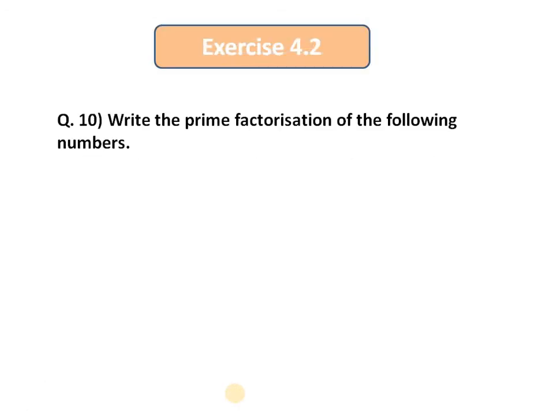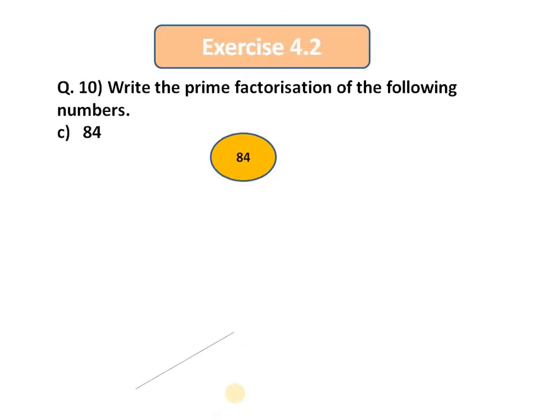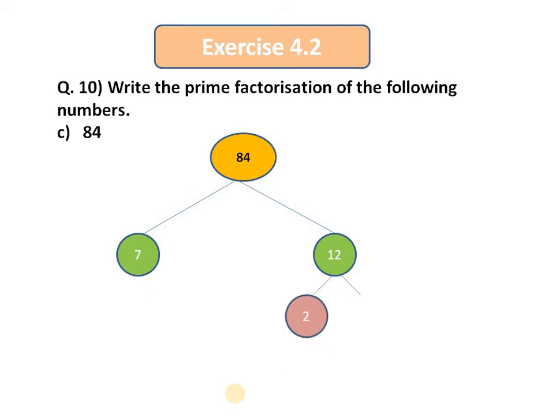Next, C: 84. We can write down like this: 7 12s are 84, so we will divide by 7, we will get 1 multiplied by 7, so no need to write. Now we will look at 12. So we can write down 6 2s are 12 or 2 6s are 12. So no need to divide 2 into more parts.